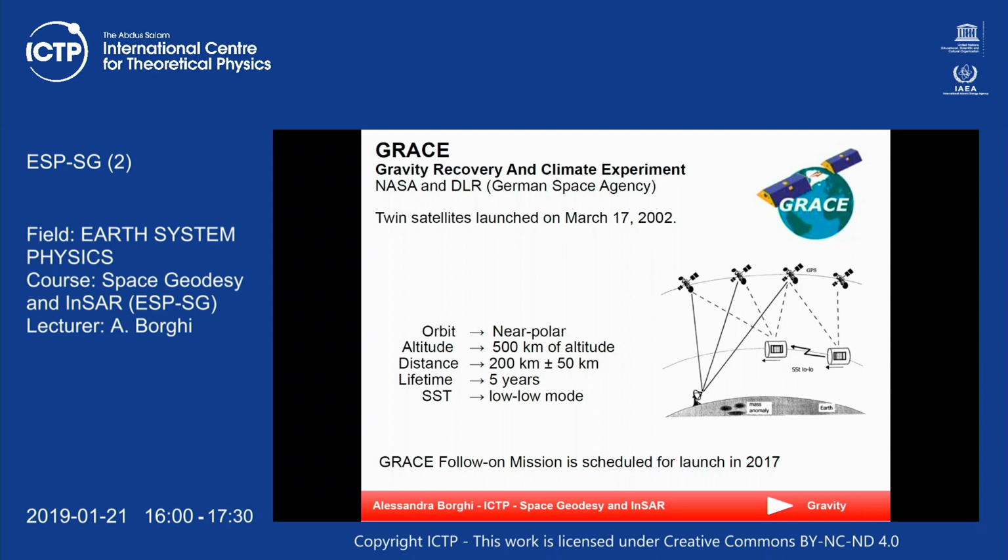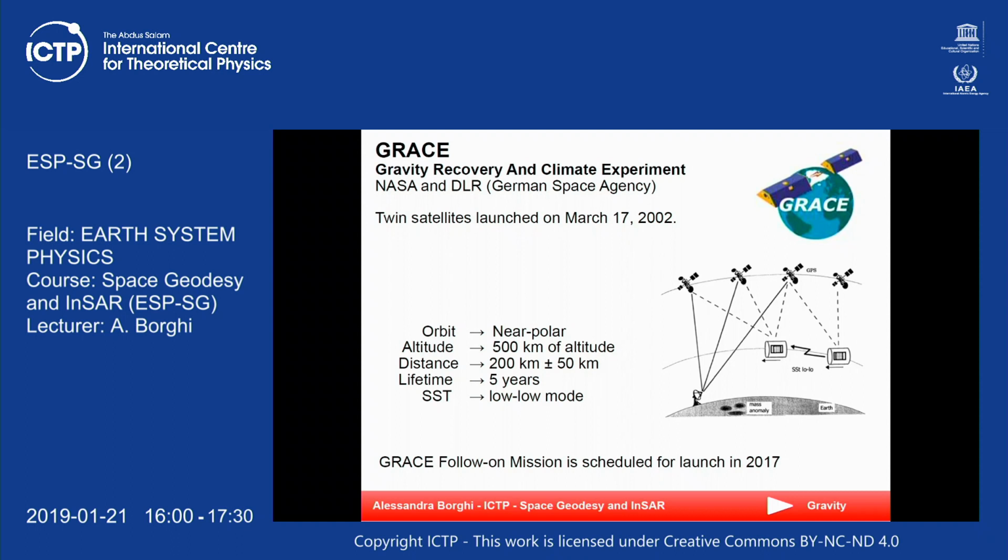So we know the position of this satellite using GPS. And of course GPS is connected with the ground station, but it's not important. And this is called satellite-to-satellite tracking, low-low mode. And we have two satellites.